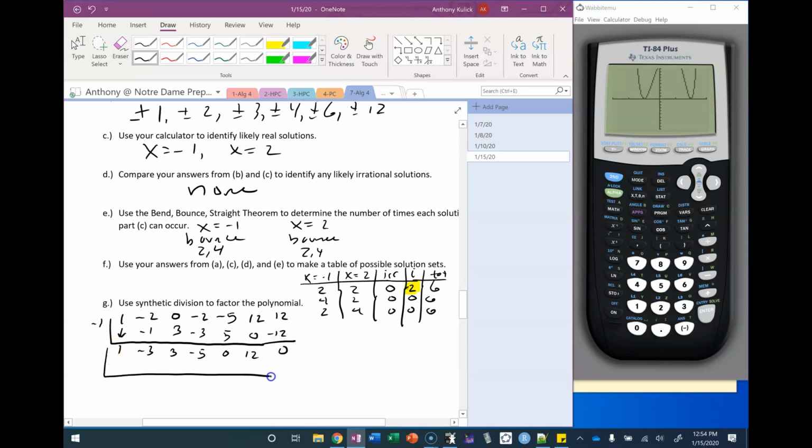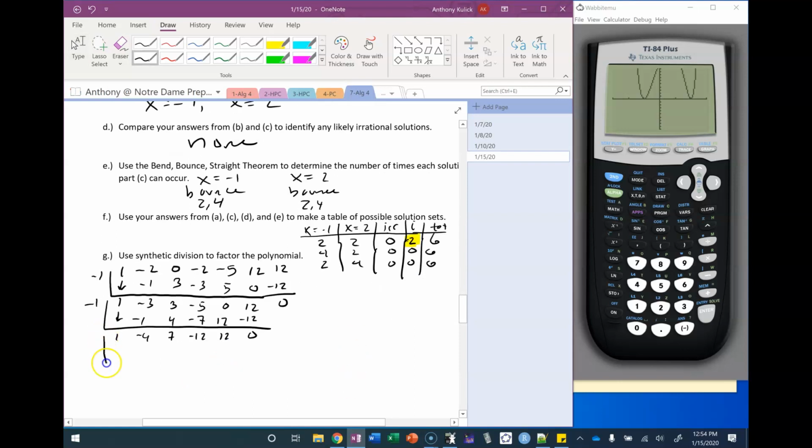So I know -1 can be used twice, so I'm just going to go ahead and use it twice. And now I don't know if it can be used 4 times or not, but I do know 2 can be used twice, so I'm going to switch and go to 2 now.